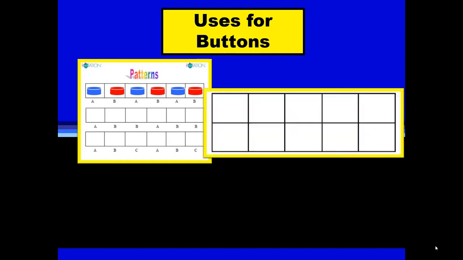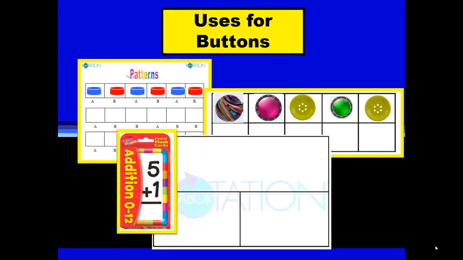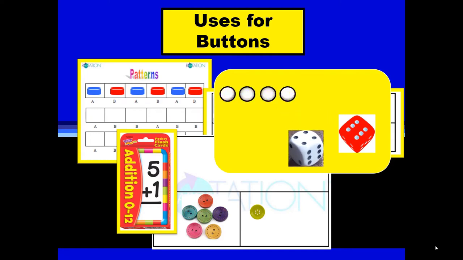You can create the number 5 on a 10 frame. You can have a concrete illustration of an abstract number sentence on a part whole mat. You can even use buttons of 2 different colors for positive and negative integers.